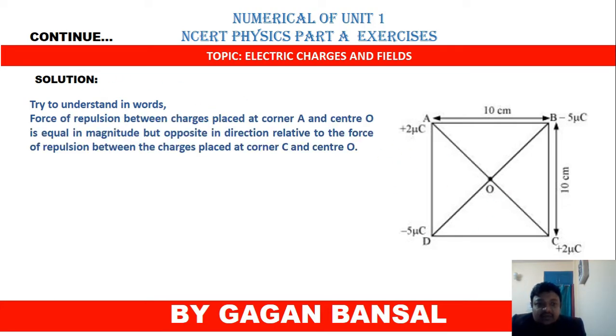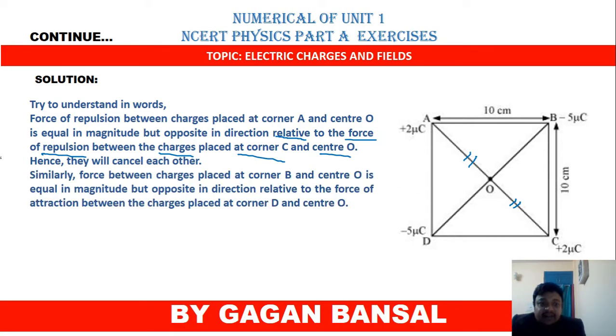What I mean to say is, the force of repulsion between the charge placed at corner A and center O is equal in magnitude but opposite in direction relative to the force of repulsion between the charges placed at corner C and center O. Hence they will cancel each other. That means this force will cancel this force.